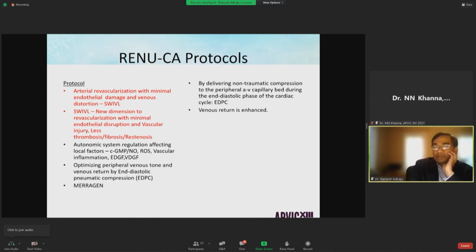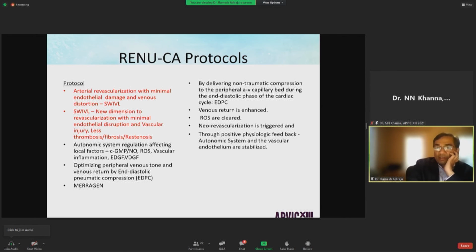Venous return is enhanced, local hormones are regulated, free radical clearance is intensified, and neorevascularization is triggered through positive feedback. Autonomic system regulation is also indirectly helped with this system.